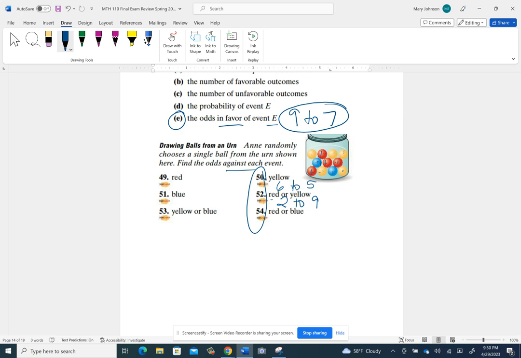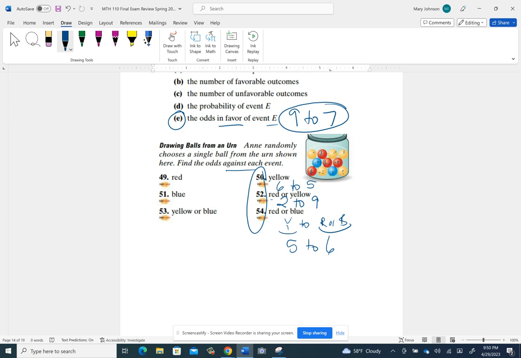And then odds against being red or blue, that's what we're looking for. So favorable to unfavorable. Odds against being red or blue means you have to be yellow. So that would be 5 to red or blue, 1, 2, 3, 4, 5, 6. 5 to 6. All right, and those were odds.